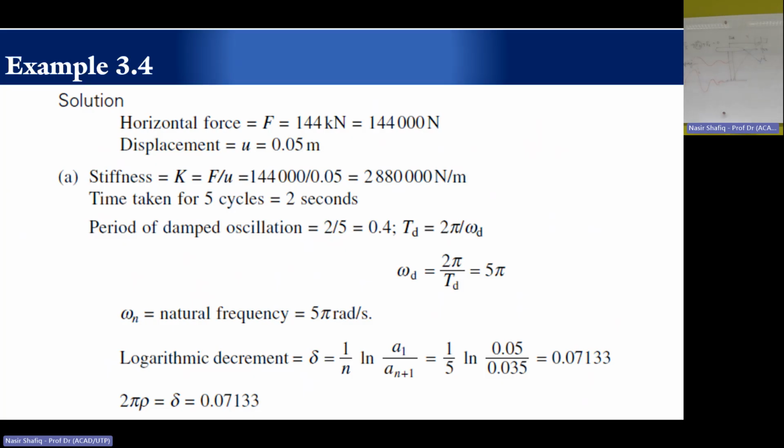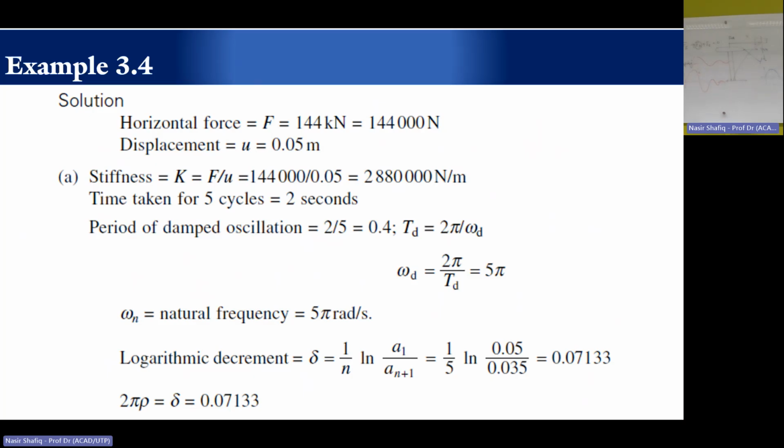Time taken for 5 cycles is 2 seconds. Because it is harmonic motion, we consider the time of each cycle to be the same. So the damped period TD for 5 cycles in 2 seconds is 0.4 second, which is 2 pi upon omega d.